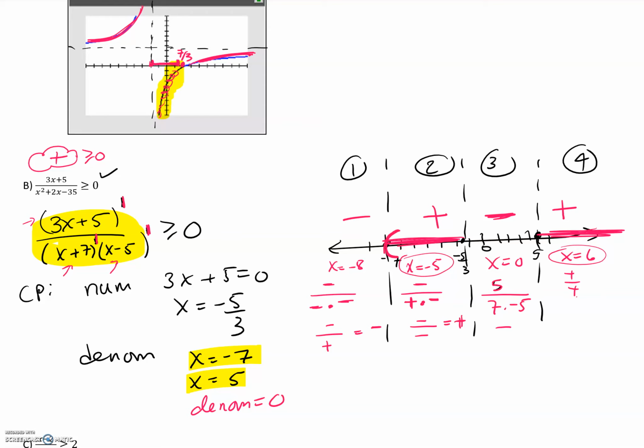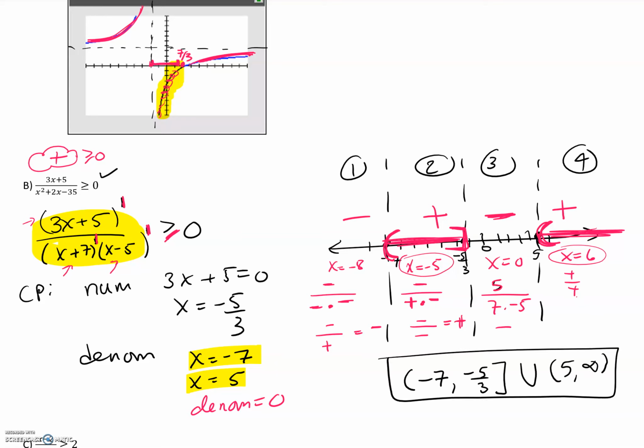So at negative 7, open, not inclusive, and at 5, open. Otherwise, the equal sign I keep for all the other critical points. So only the ones from the denominator, even though this problem has an equal sign, I cannot include in my solution. So negative 7 to negative 5/3, union 5 to infinity is what my solution tells me.